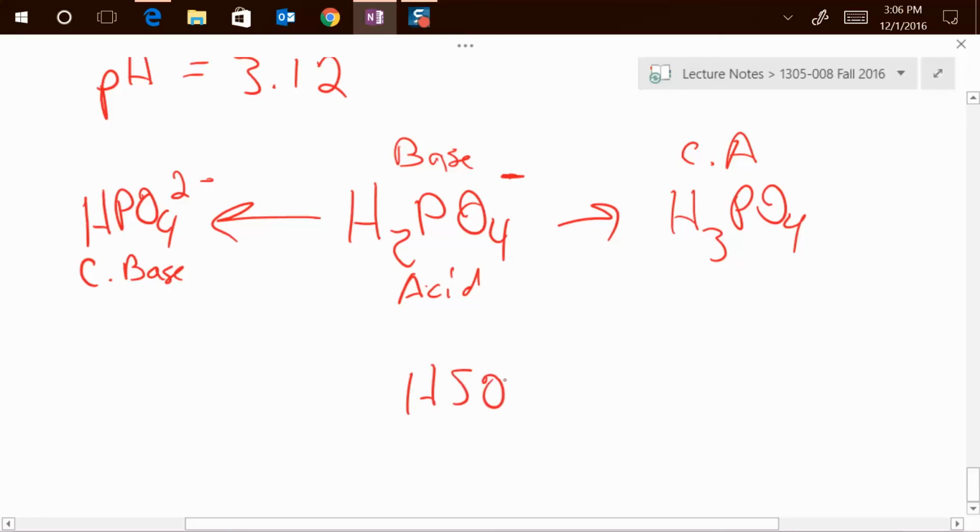How come you have a 2 minus? Is it because it's H2 on the original one? Every time you remove a hydrogen, it becomes more negatively charged because hydrogens are positively charged. So if you remove a positive charge, you're going to become more and more negatively charged. Okay. So what is the conjugate base of HSO4 minus?